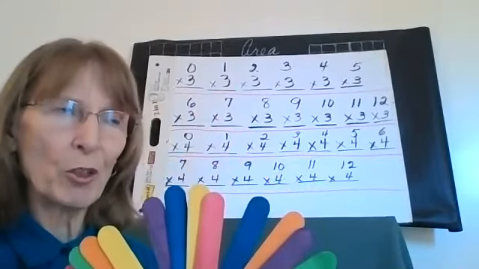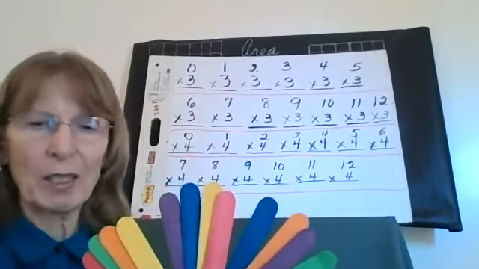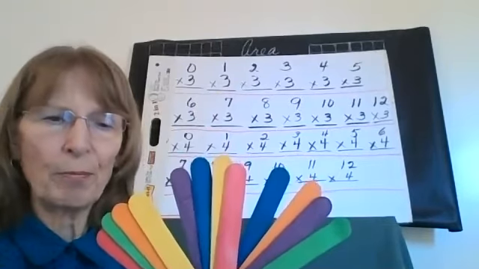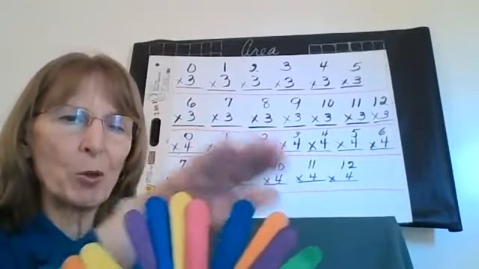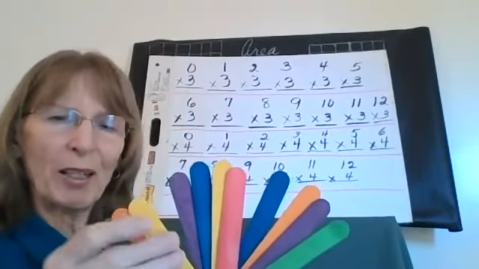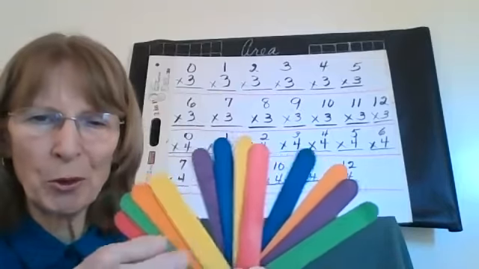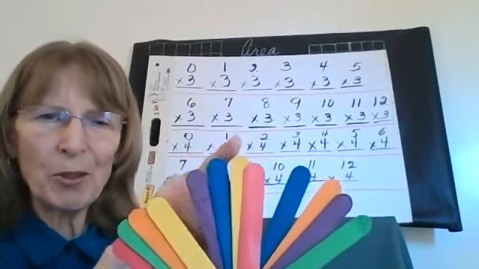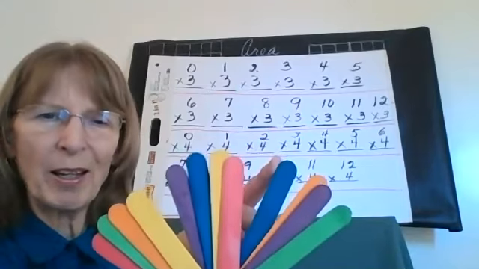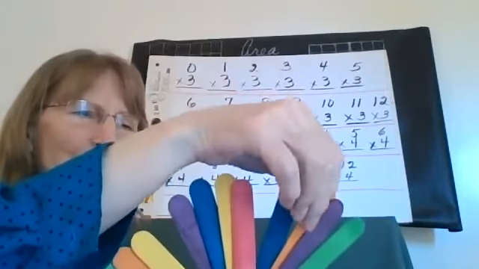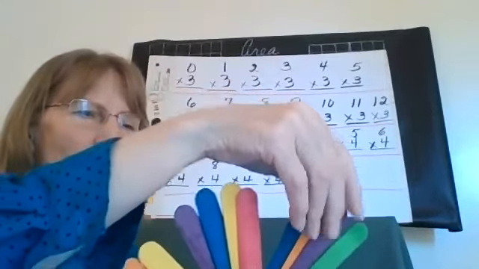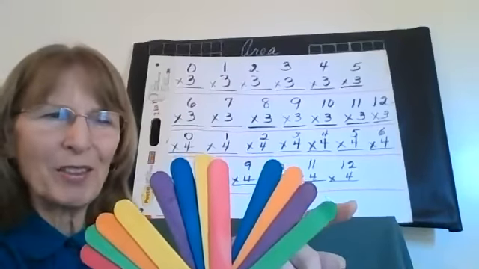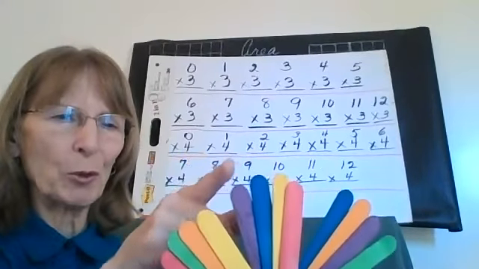Well, you have to know how many sticks are found in 1/3 of these 12. So, I sort of already put them in groups. Can you see? Here's 1/3, here's 1/3, and let me get that closer. Here's 1/3.